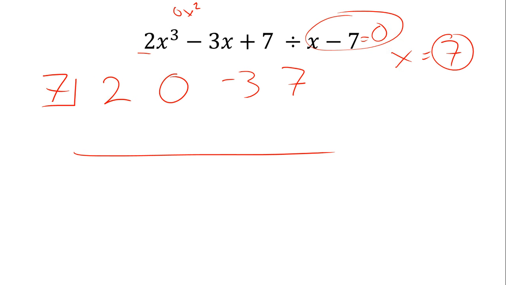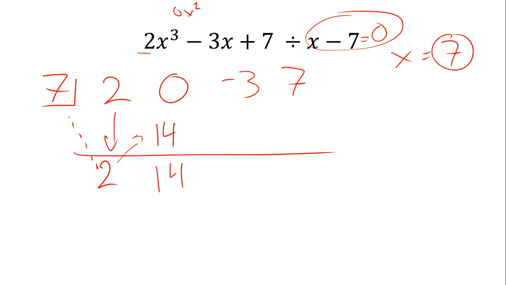Now, drop the first one. So the 2 drops straight down. After that, you're taking the number in the box and multiplying it by that number to fill in the next spot. So 7 times 2 is 14. And now instead of subtracting like we did in long division, in synthetic you add. 0 plus 14, 14.